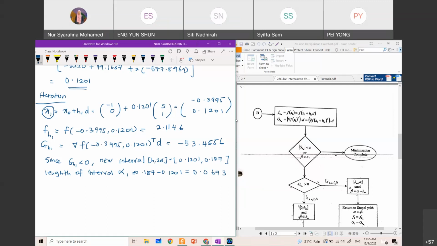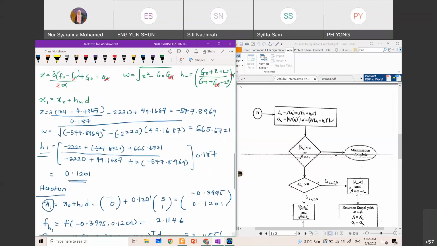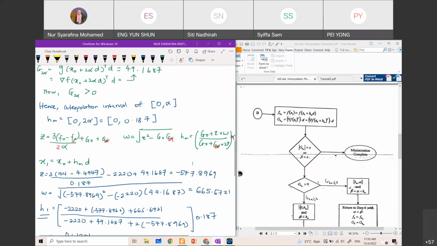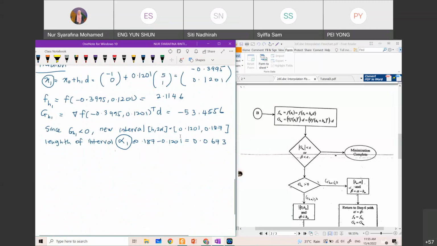Okay. Then this is your alpha 1. Once you want to calculate Z1, W1 here, just use the value of alpha 1 there. So previously it is 0 to 2 alpha, and now it is 0.1201 to 0.187.